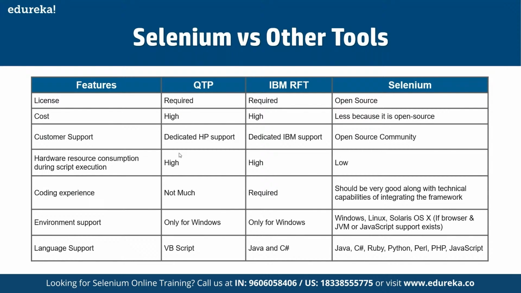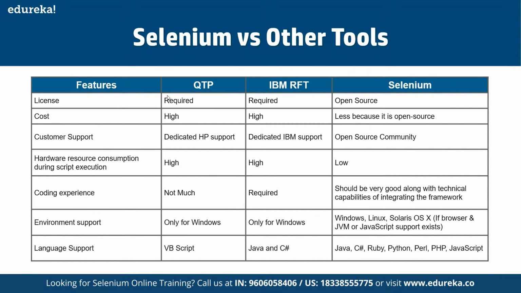And then in terms of coding experience, no coding experience is required here. Whereas in terms of the environment support, it supports only Windows. So IBM and QTP both support only Windows. Whereas Selenium is platform independent. It supports any platform. So even if we want, we can code in one platform and execute the code in other platforms as well.